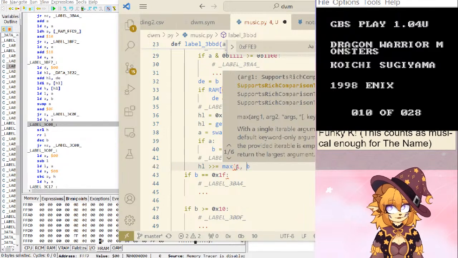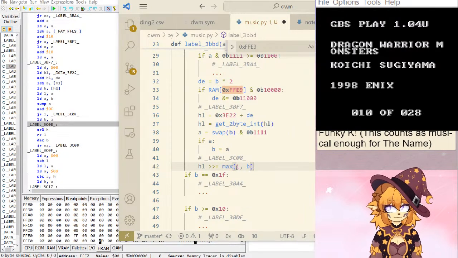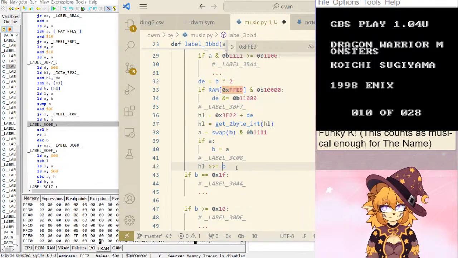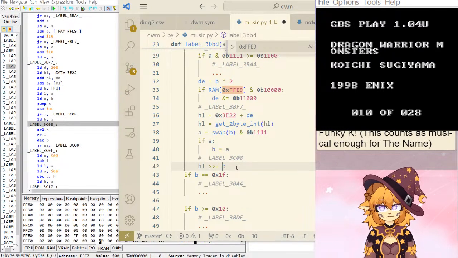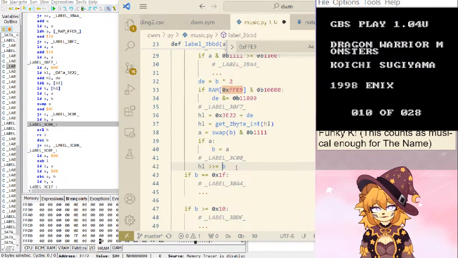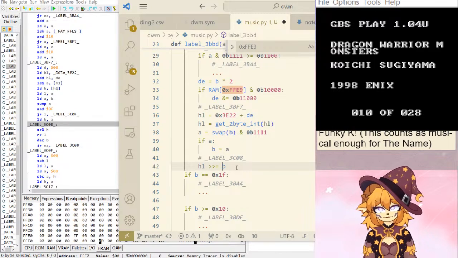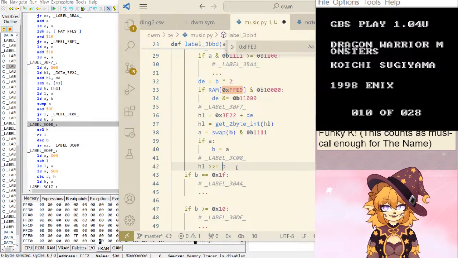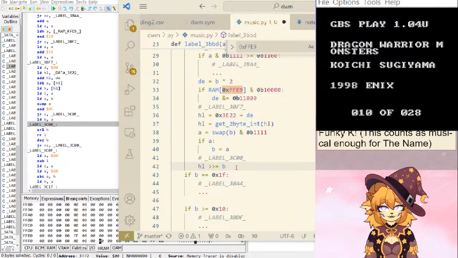Yeah, I think the thing is you just have to do it once. Actually, no. If B was 0, the dec would wrap it around to FF, and then it'd have to do it 255 times. So, better hope it's never 0.